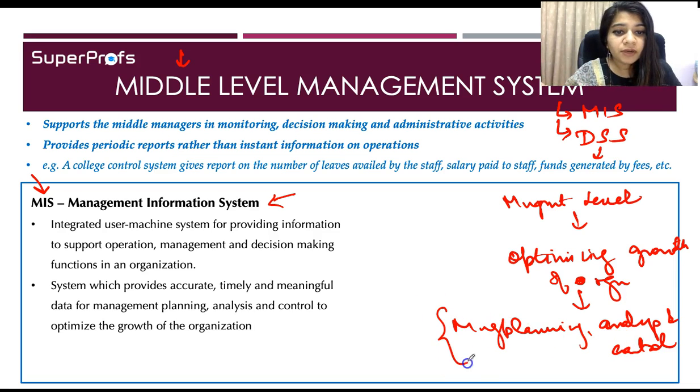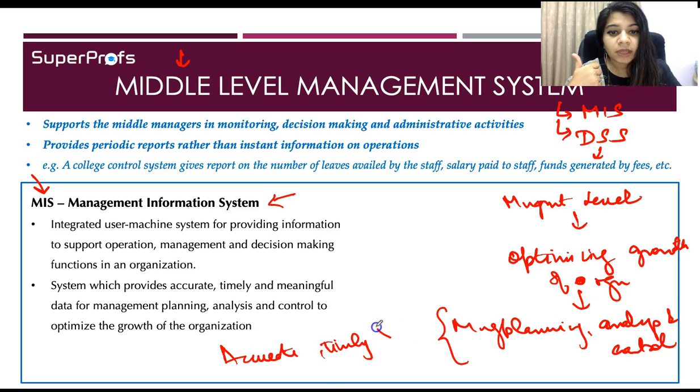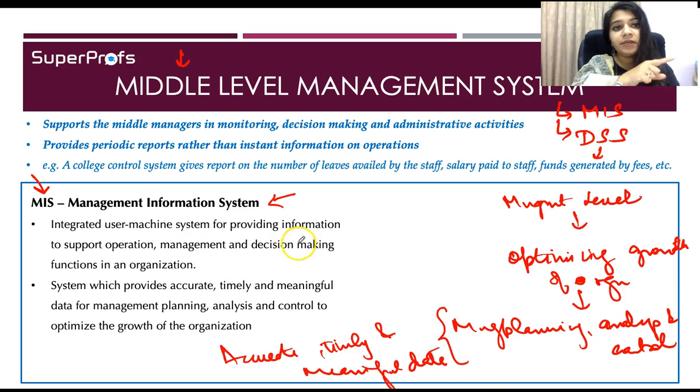And what would you need for doing these three activities, management planning, analysis, and control? You will need accurate, timely, and meaningful data. Alright, and then you have to write it in the opposite order.